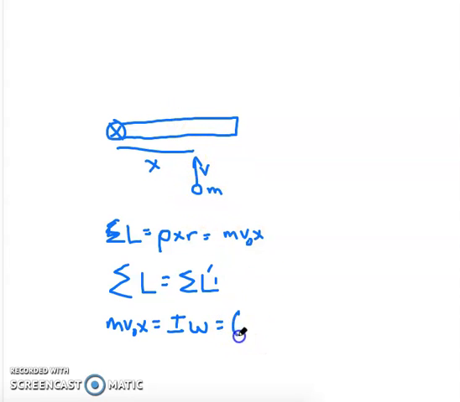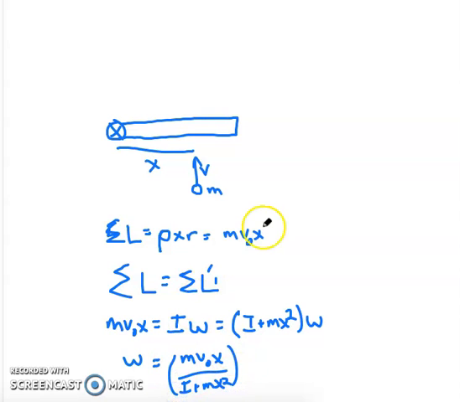So that's going to become I, the rod's moment, plus mx squared, which was given, times omega. Then we can solve for omega, and we see that it is mv naught x all over I plus mx squared. We don't have to simplify from there, and there's not much we can do to simplify.